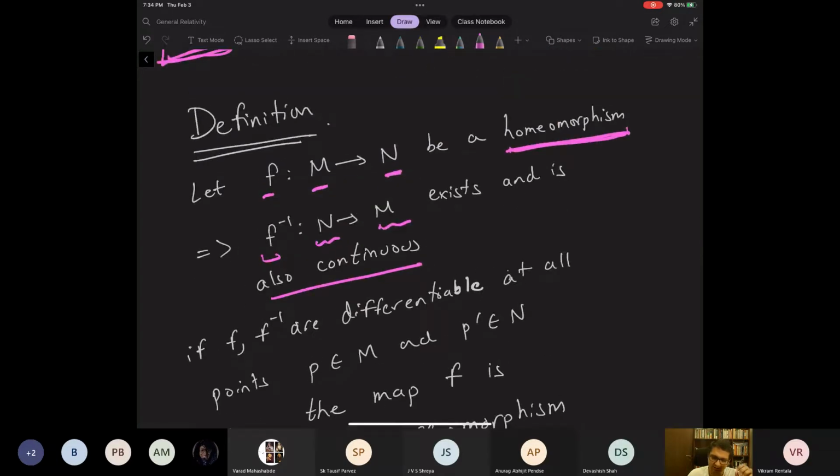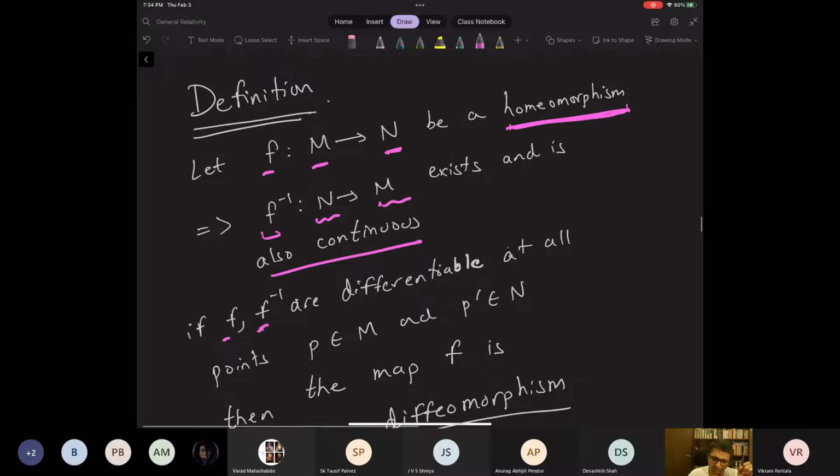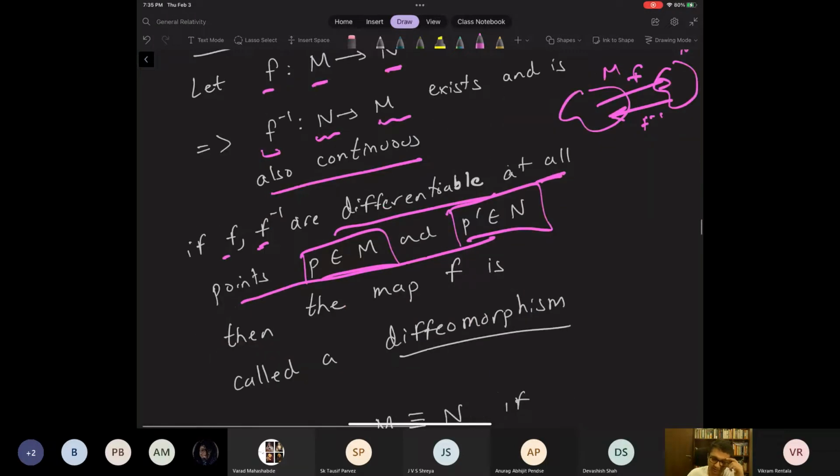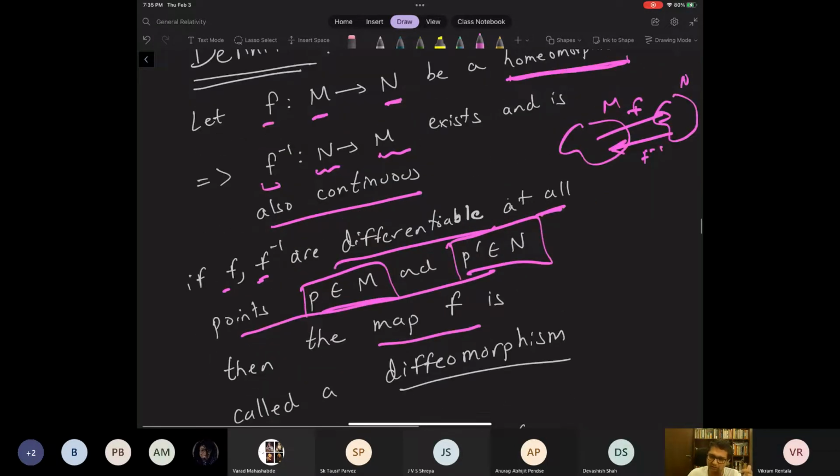Now, what we say is that if you have such homeomorphisms, f and f inverse, and these are also differentiable, in the notion of differentiability that we've already defined, at all points p belonging to M and p prime belonging to N, that is, if there's a homeomorphism between two manifolds M and N such that these functions are also infinitely differentiable, or smooth, then we say that the map f is not only continuous, but also a diffeomorphism.